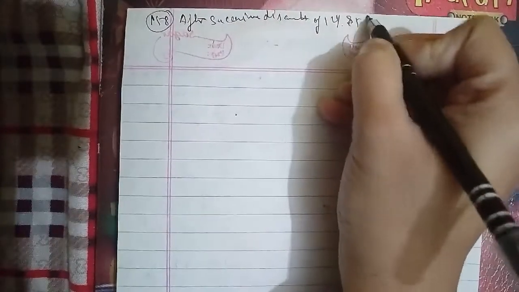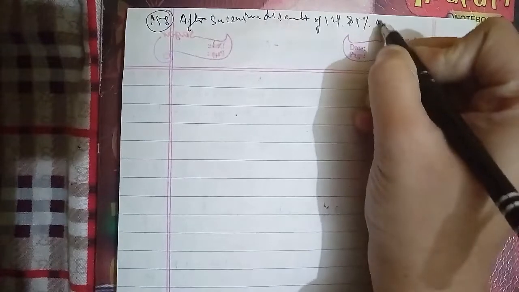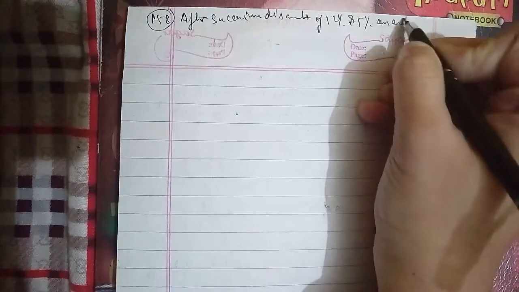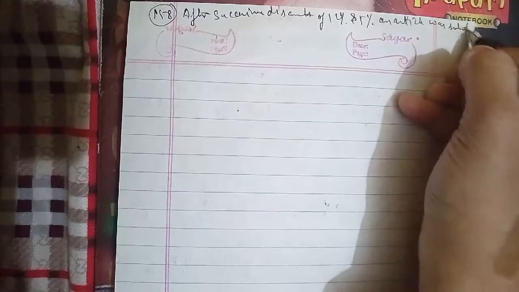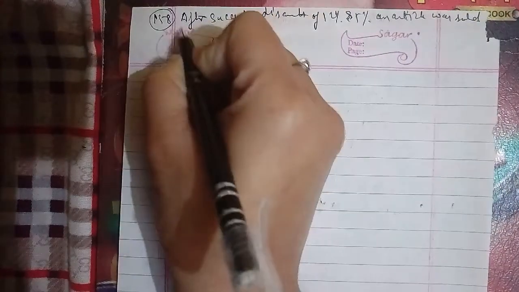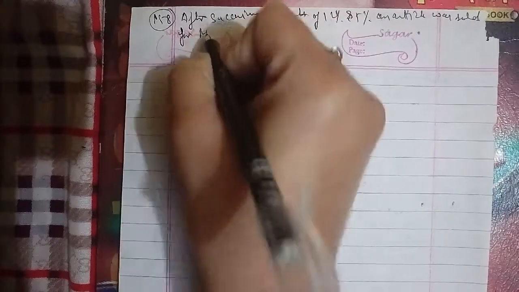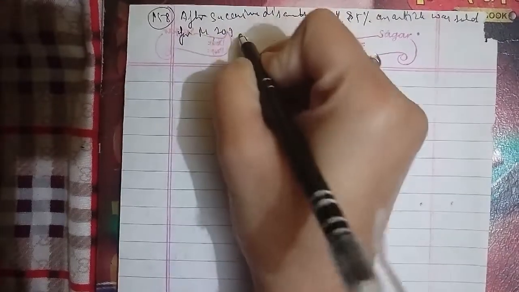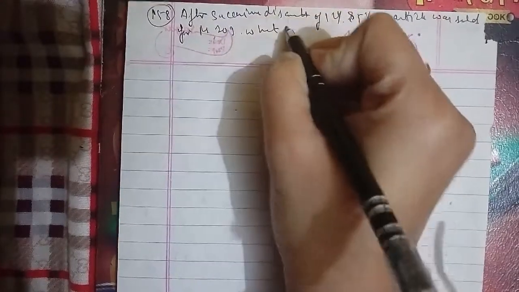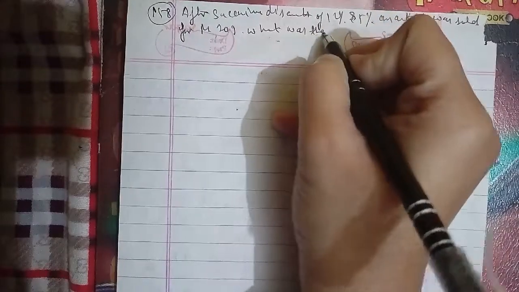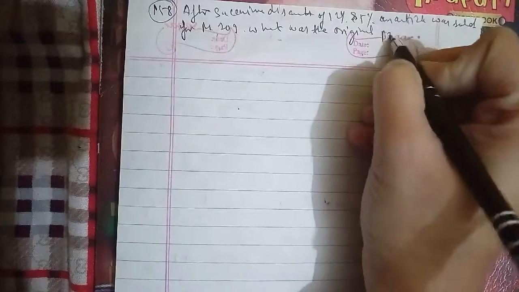What was the original price of the article? The options we have are rupees 226, rupees 250, rupees 252 and rupees 269. So we go ahead for the question. Let's find it out.